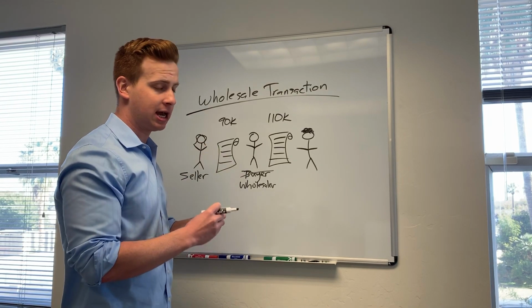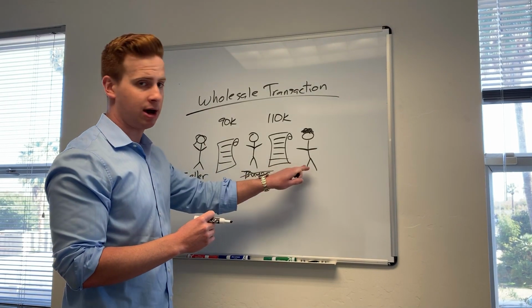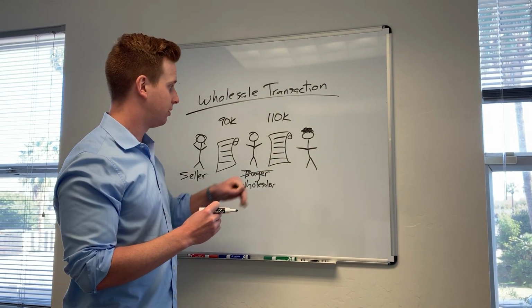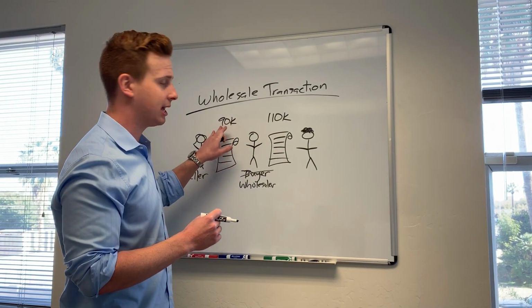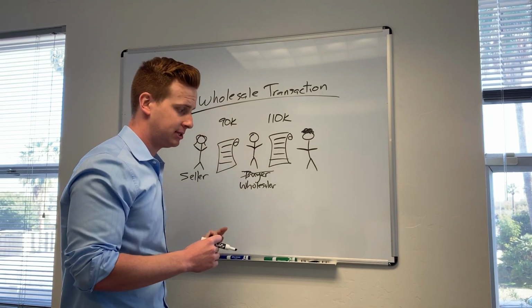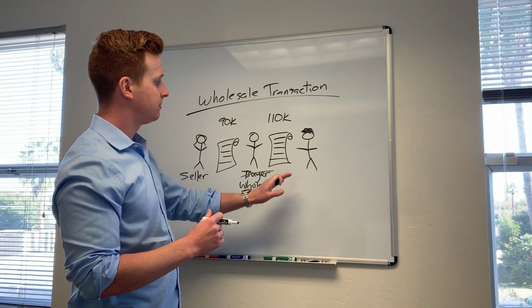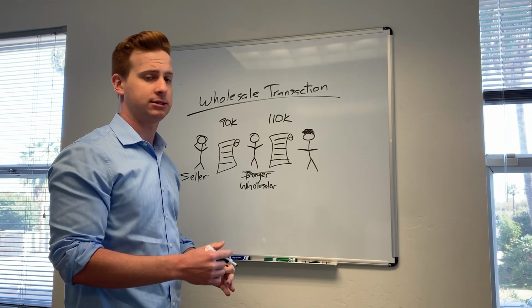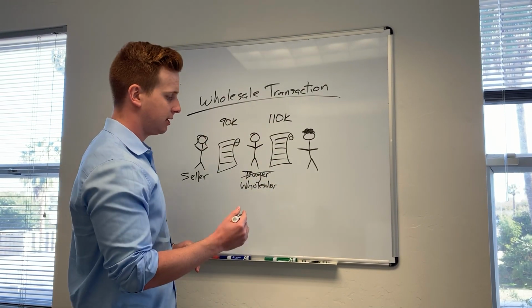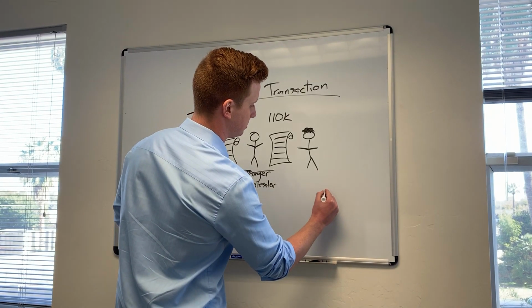We assigned our position as the buyer to Ralph, and we did it for a fee. He's purchasing at 110, we were purchasing at 90. So when the property goes to close, Ralph is going to bring $110,000, plus closing costs and things like that. He is going to get the house.